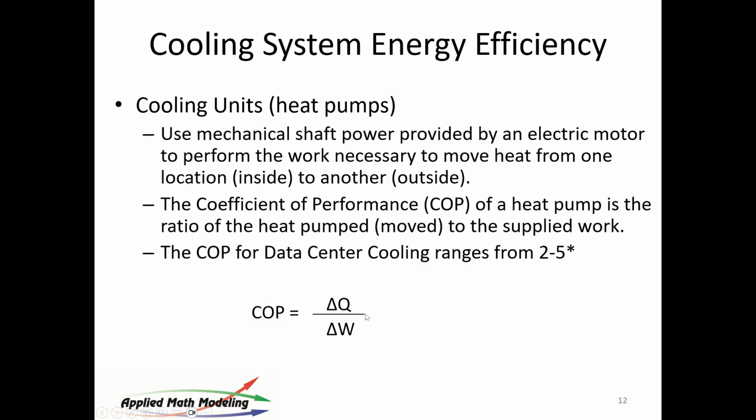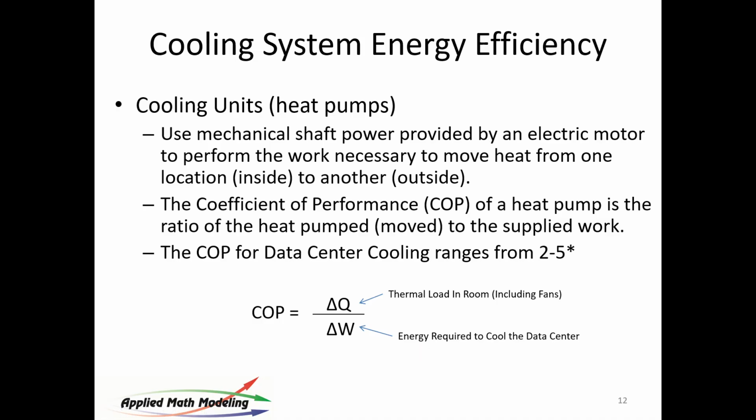So the coefficient of performance is a ratio of the amount of heat that can be dumped divided by the work required to dump it. So that's the thermal load in the room, including the fans, in the numerator, and in the bottom is the energy required to cool it. Generally drive the chiller, that's what you're thinking, or compressor, whatever it happens to be, to cool it. That's the ratio.